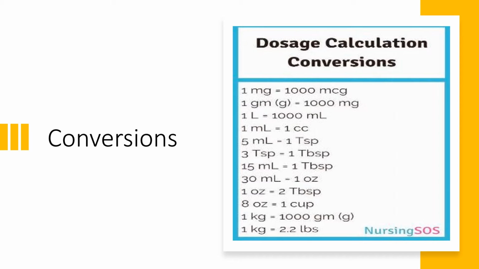Most current and updated knowledge is focusing on milliliters, but for old school methods, there are still some that will say cc's. So that's one of the major ones. Of course, micrograms to milligrams to grams is another. Teaspoons and tablespoons, and then kilograms to pounds are going to be the major ones used in dosage calculation.